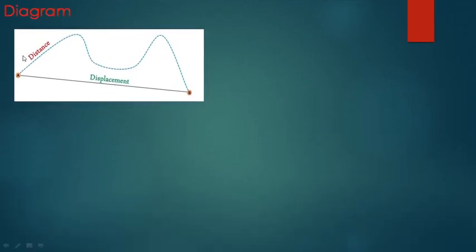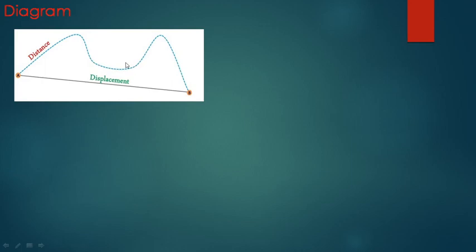Now, this is a diagram that is demonstrating the difference between distance and displacement. This is distance because it has magnitude, because you can measure the length from here to here, but it has no specified direction. You see here it's moving upwards, then it moves downwards, then it moves upwards, downwards.